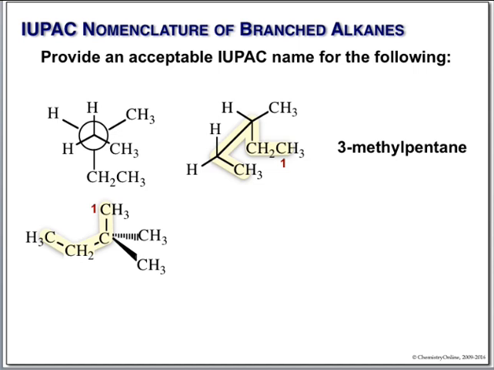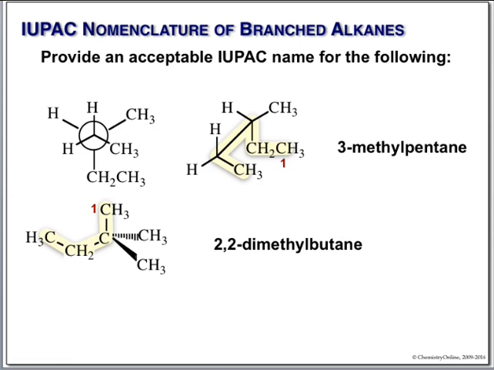You ask yourself, what's attached to your butane? We have 2 methyl groups, and they're both on carbon 2. So it's a 2,2-dimethylbutane. Well, 2 and 2 equals 4, so, you know, I was there.